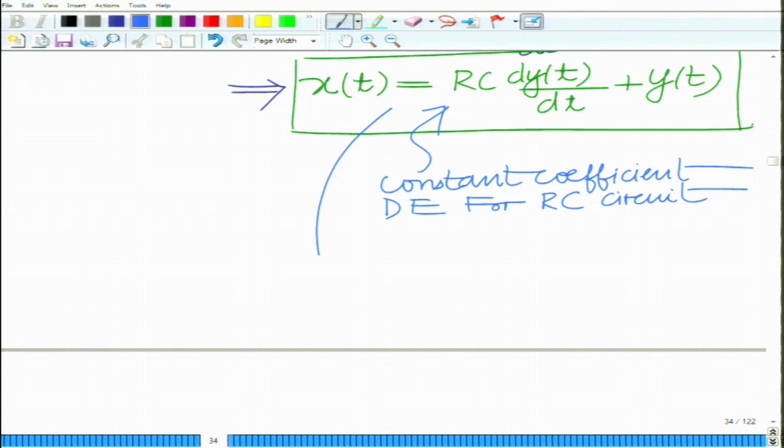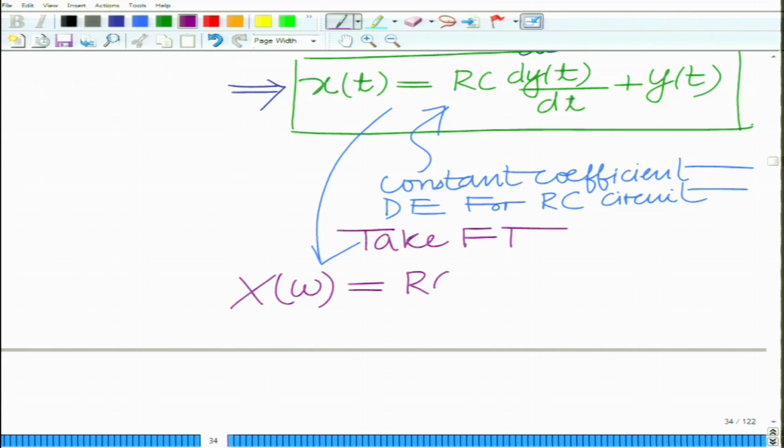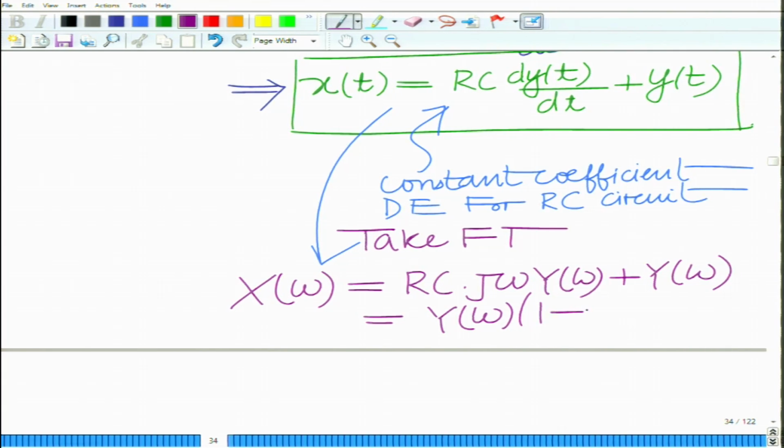Now, if you take the Fourier transform, then we have X(omega) equals RC times... remember, the Fourier transform of the derivative is j omega times the Fourier transform of the signal. So, j omega times Y(omega) plus Y(omega), which is Y(omega) times (1 plus j omega RC).